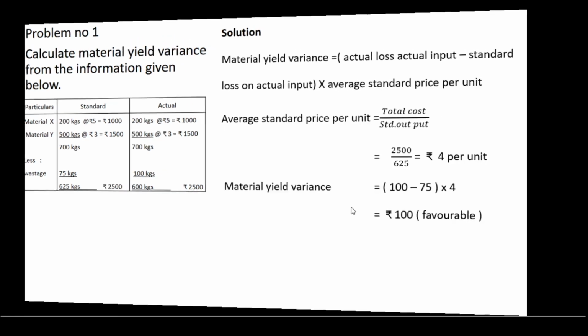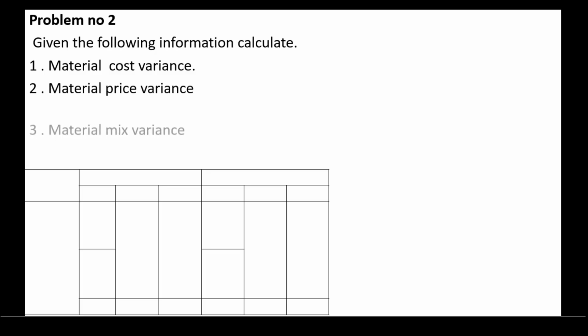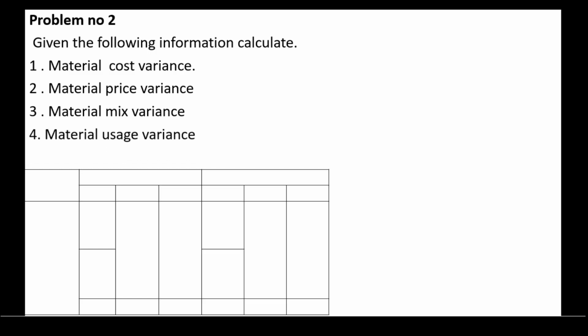And the next problem, problem 2. Given the following information, calculate material cost variance, material price variance, material mix variance, material usage variance, and material yield variance.